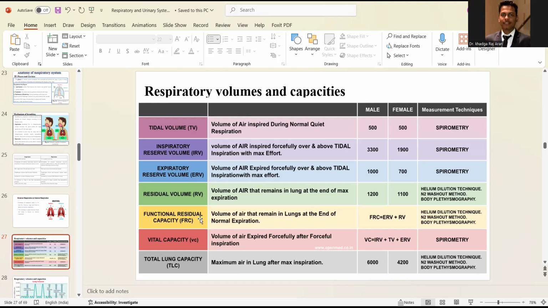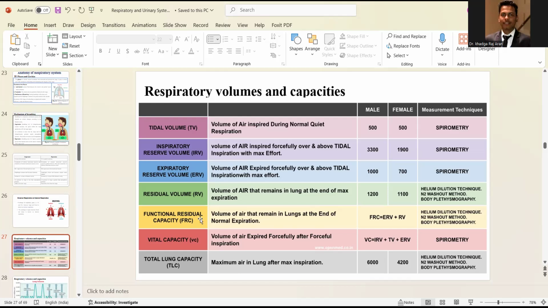Next is the vital capacity. It is defined as the addition of IRV, tidal volume, and ERV, and it is the volume of air that is expired forcefully after forceful inspiration. So there is one formula, VC is equal to IRV plus TV plus ERV, and that can be measured with the help of spirometry.